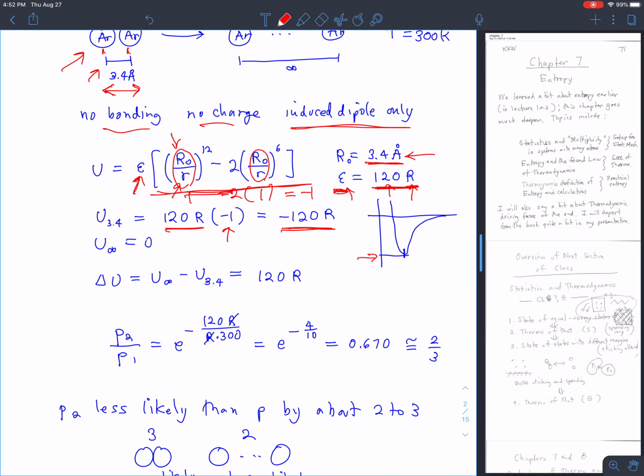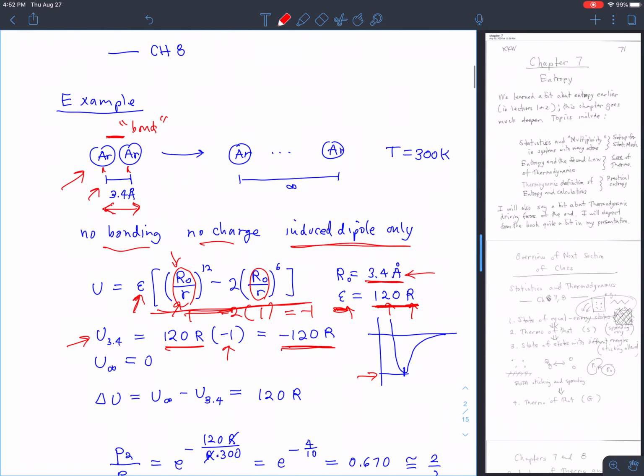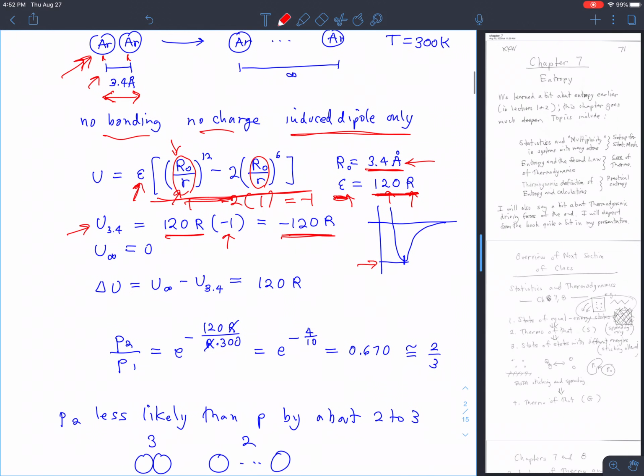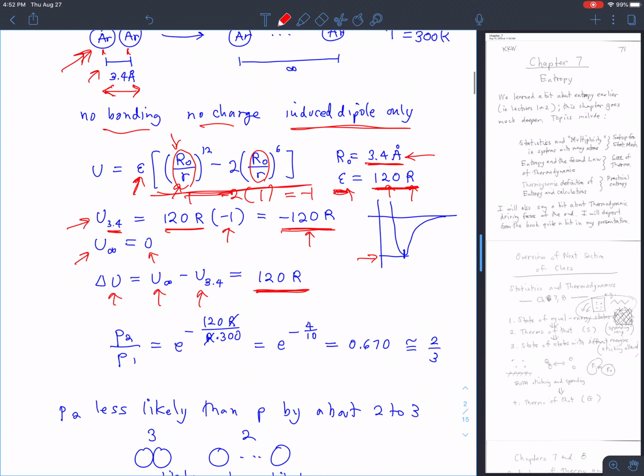The energy of this pair in the bonded state at 3.4 angstroms is minus 120R. When you break the bond and put the atoms far apart, then the energy is 0, and so the difference in the energy is 0 minus a minus 120R, or 120R.